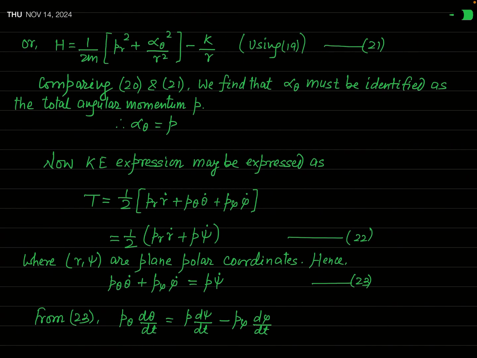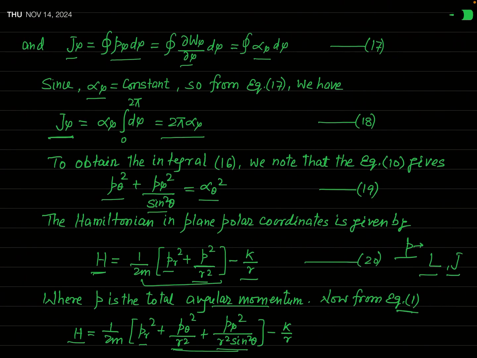After combining, you take 1 over r square as a common factor, and there will be p theta square plus p phi square over sine square theta. But you can see in equation 19 that p theta square plus p phi square over sine square theta is alpha theta square.